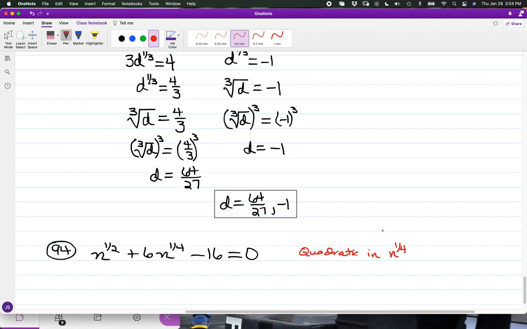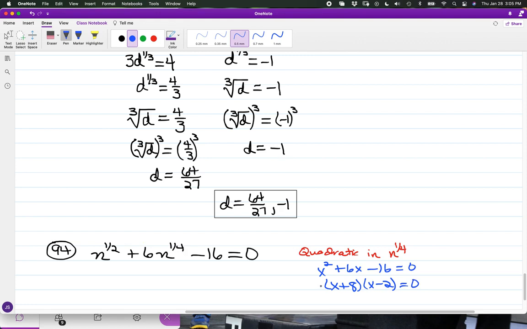And just on a parallel note, if I have the trinomial x squared plus 6x minus 16, you know, by factoring I have x plus 8 and x minus 2. We say that x squared correlates with n to the 1/2 and x correlates with n to the 1/4.